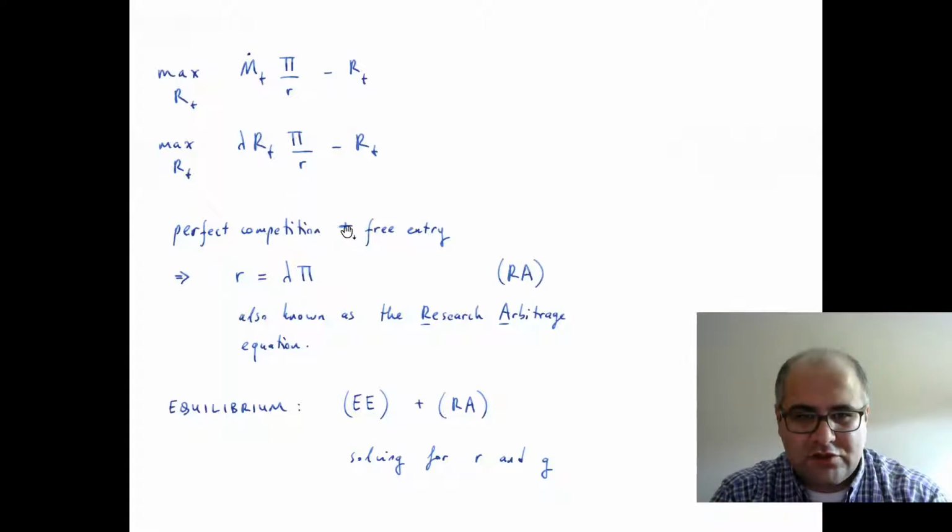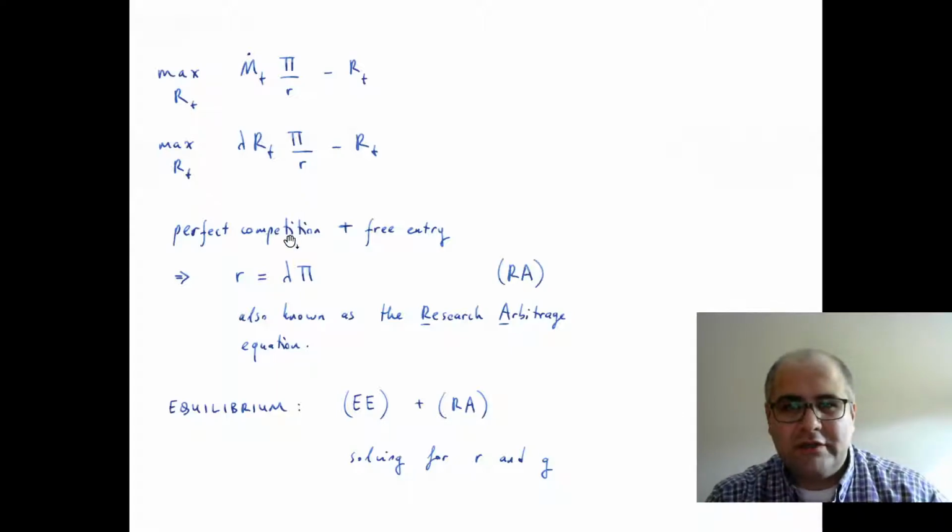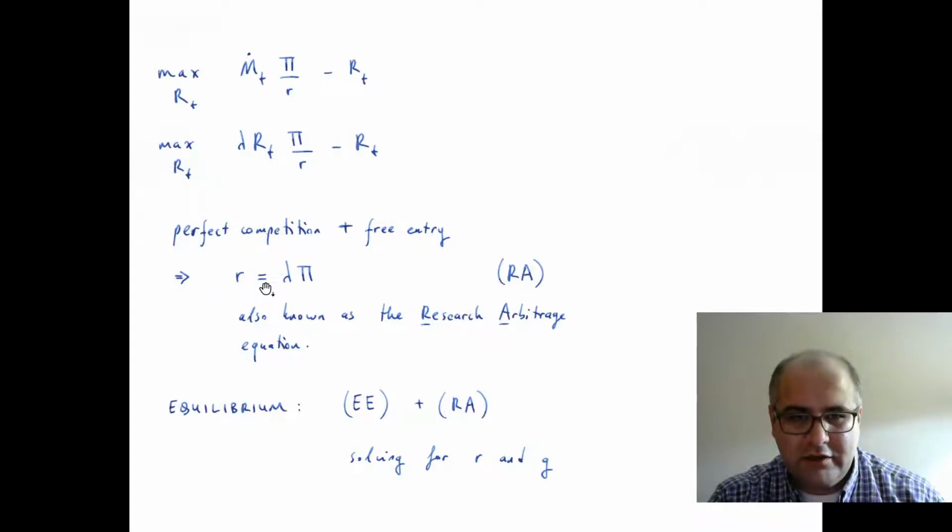If this is true for any positive R, it is maximized, right? Now, why can't there be any excess profit in this market? Well, because of free entry. Why is nobody manipulating the market? Well, because this is perfect competition. So everybody is trying to compete with each other, and everybody takes prices as given, etc. So eventually, the market would settle down at this condition. So this is R equals lambda times pi over r.